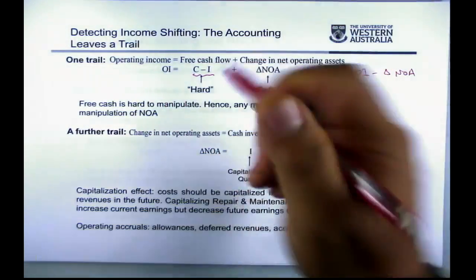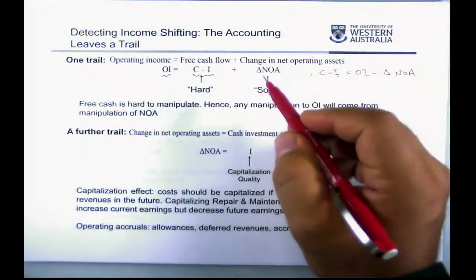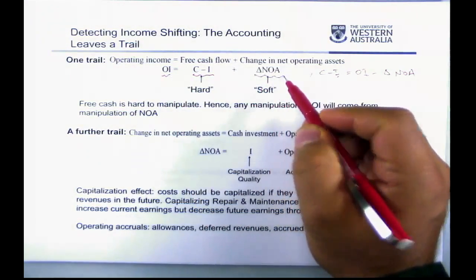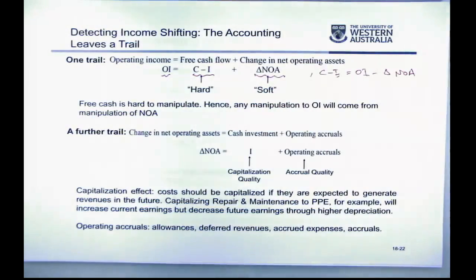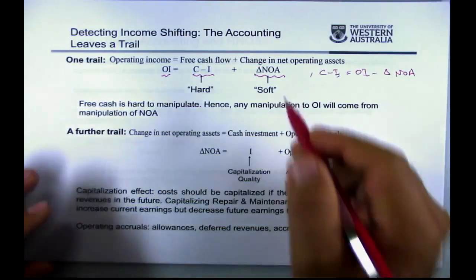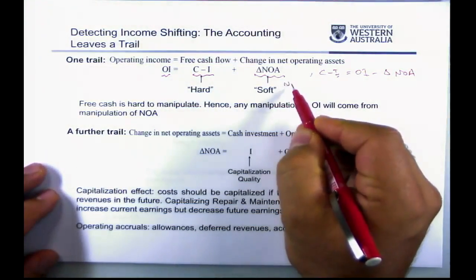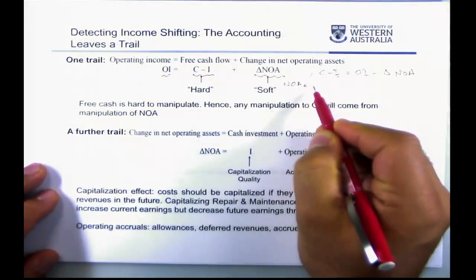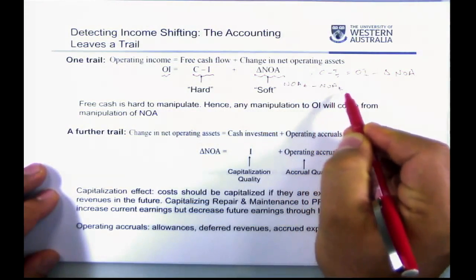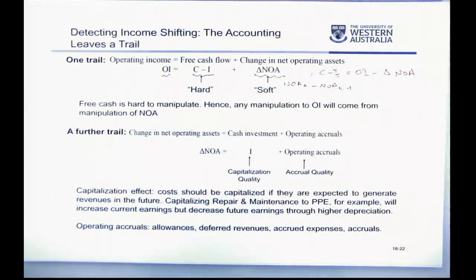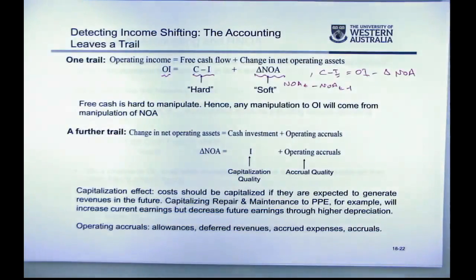So if there is any manipulation to the operating income, usually the manipulation is found here under the change in net operating assets. The change in net operating assets is equal to net operating assets at time t minus net operating assets at time t minus 1. Usually, the manipulation is contemporary.